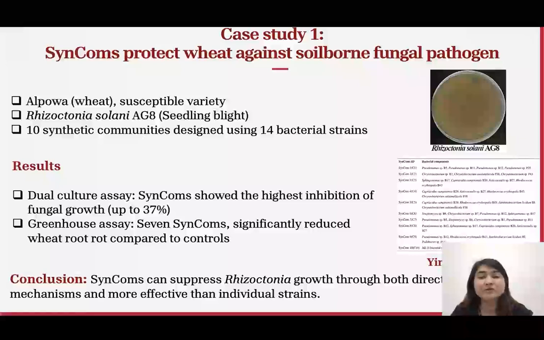And in the greenhouse, 7 out of 10 SynComs significantly decreased seedling blight compared to the untreated control, demonstrating robustness under realistic conditions. Together, these findings illustrate that multi-strain consortia can leverage complementary modes of action to deliver more consistent protection than the individual strains.